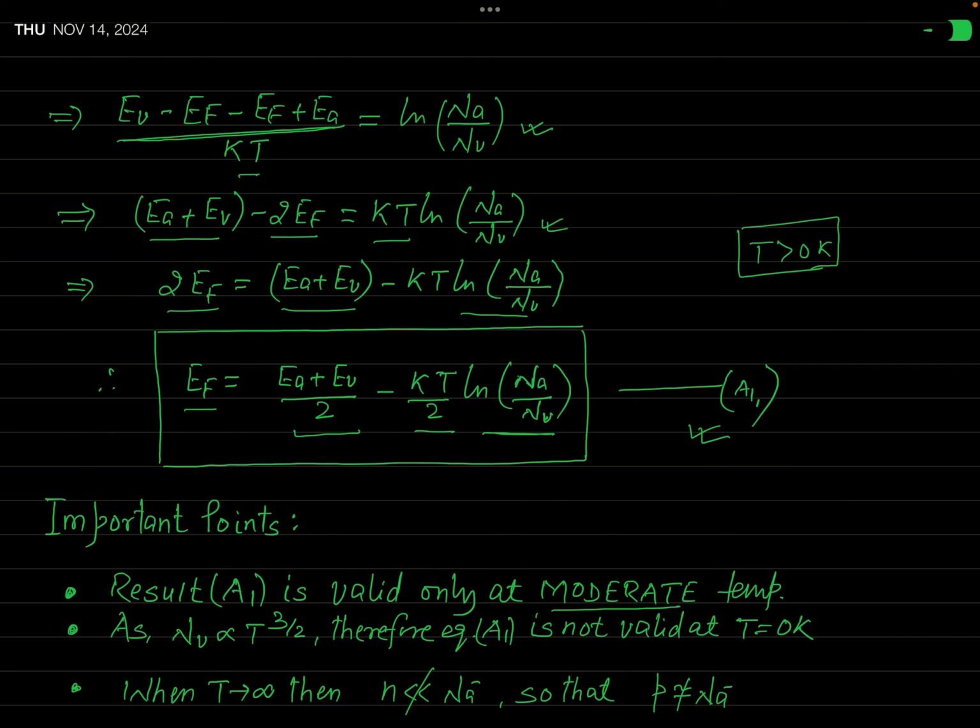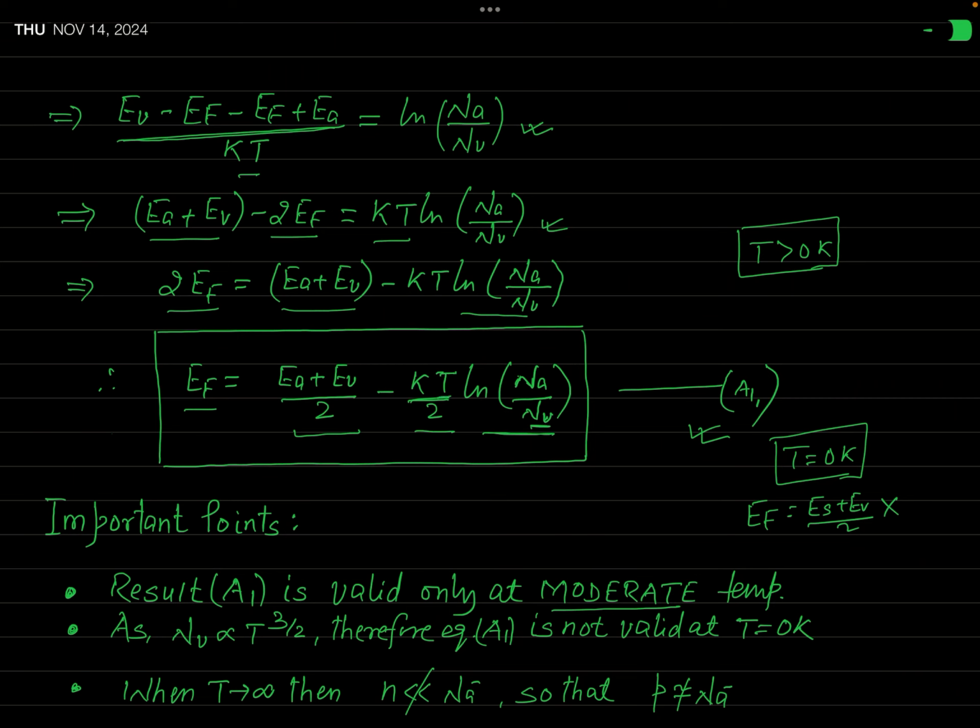If you see this result that T is equal to 0 Kelvin, then when a person does not see the result seriously and in a haste he or she sees that T is 0, so the second term will vanish, and abruptly such a person says that EF will be equal to EA plus EV divided by 2. But this is wrong, this is not correct, because here this NV is also temperature dependent.